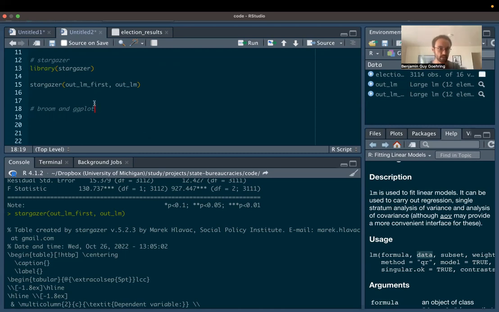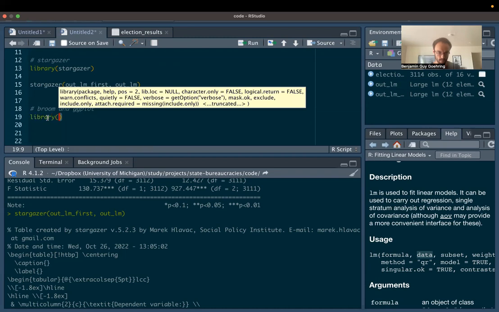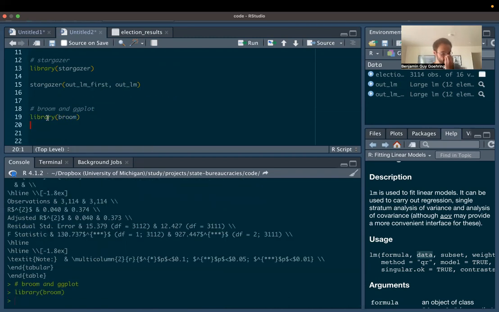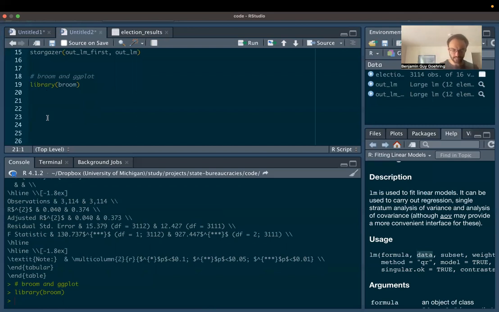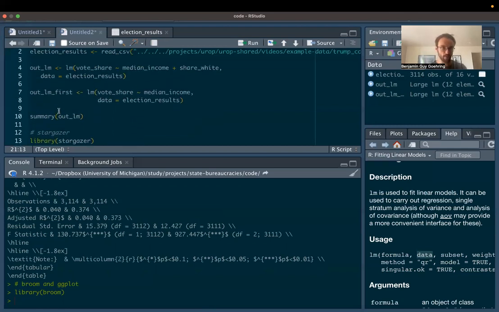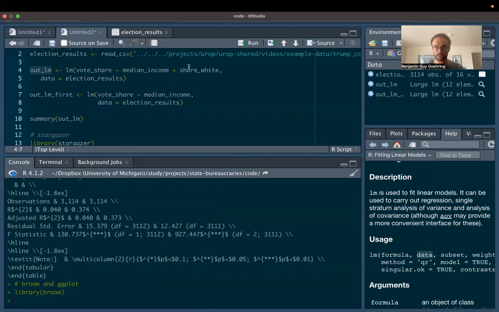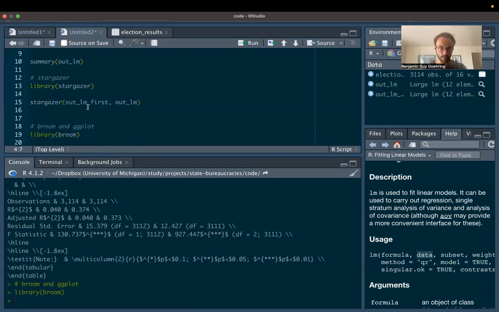And so what we're going to do is we're going to use this package called Broom, which again, you will likely have to install. I already have it, so I'm not going to do that. We're going to use Broom in conjunction with ggplot. What does Broom do? Let's take the output of, let's use this one, the one that includes the race variable.